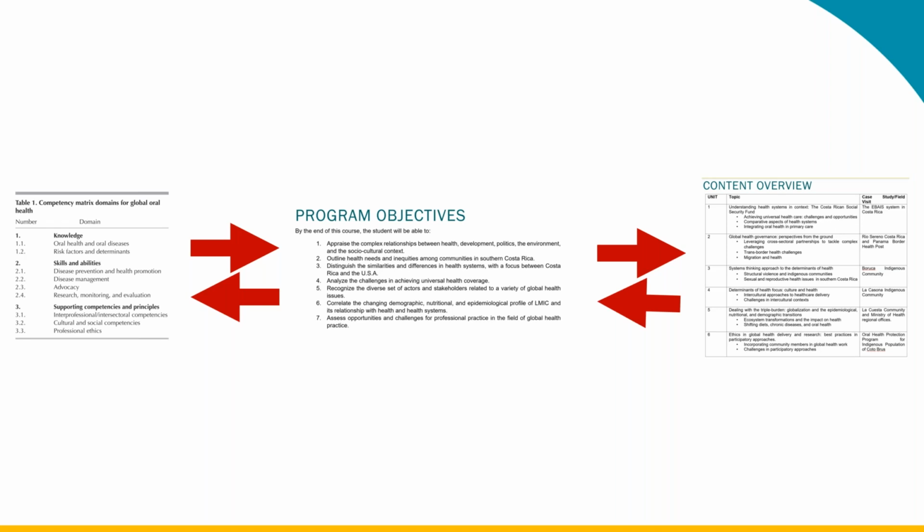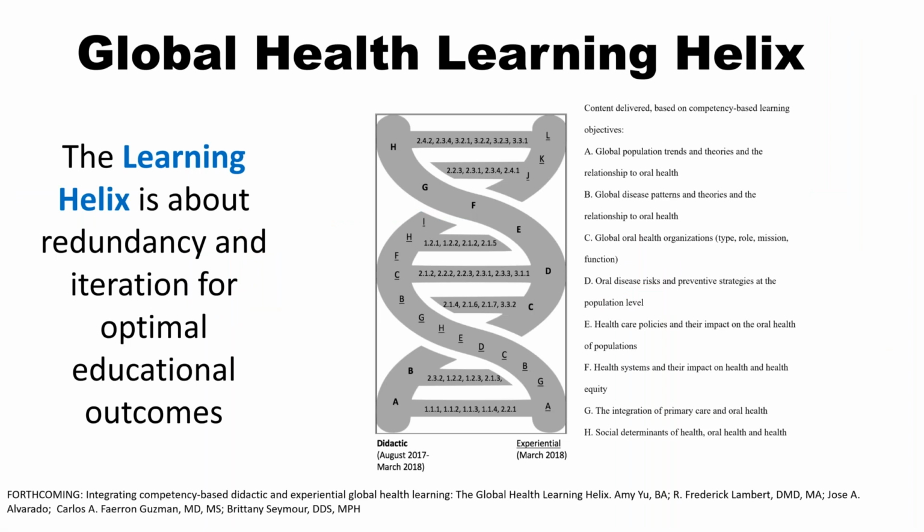reinforcing each other. And that's where we came up with this concept of the Global Health Learning Helix, in which we imagine a DNA strand with two strands forming a helix and the middle connecting dots being the nucleotides of the DNA strand. One of the strands would be the experiential component.